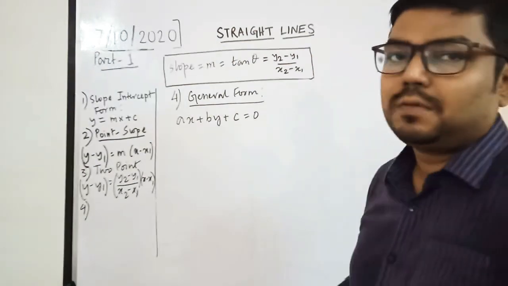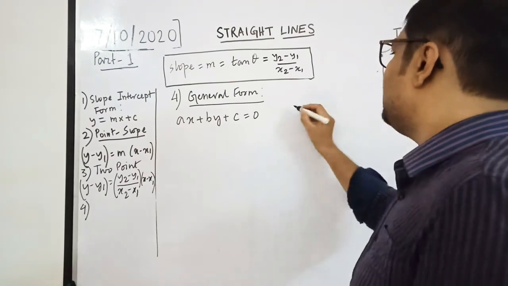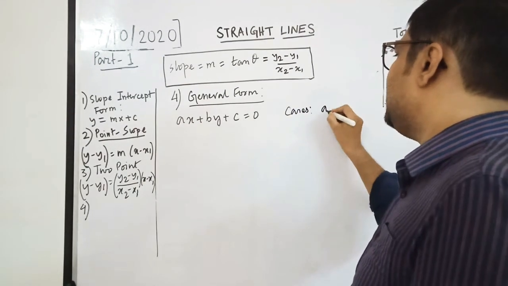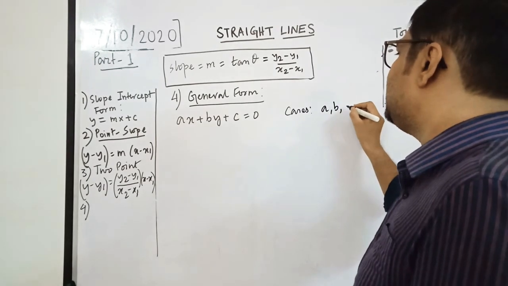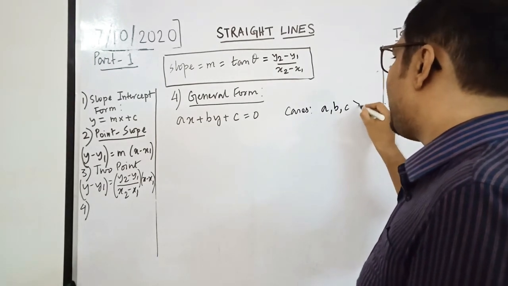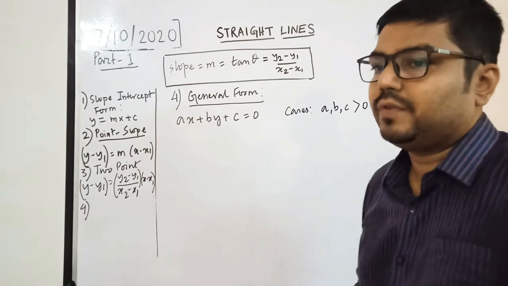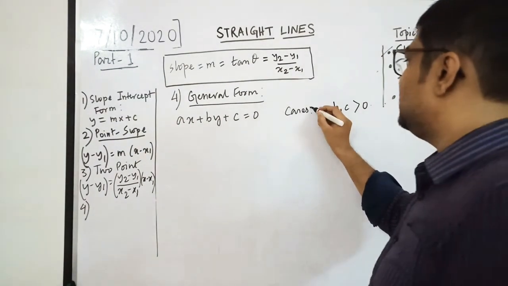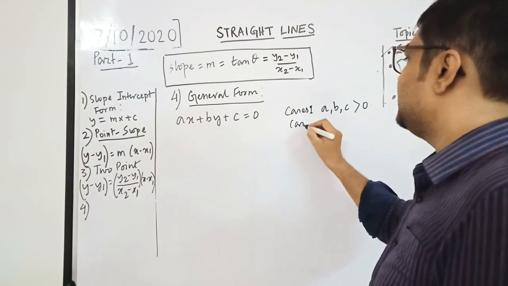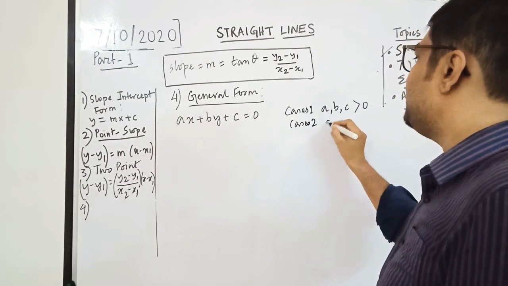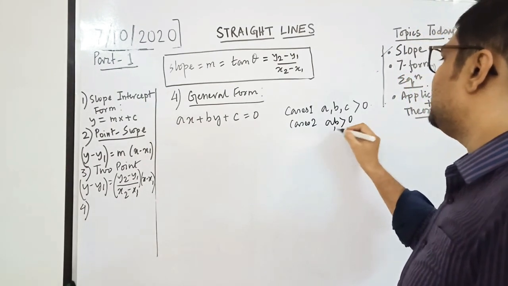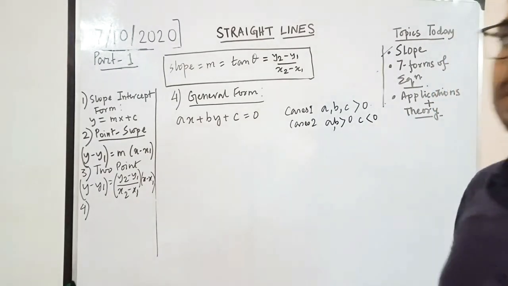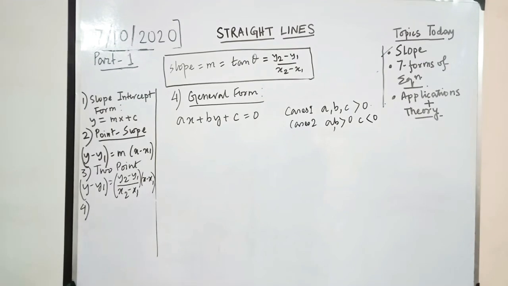If ax plus by plus c equals to 0, we can have multiple cases. Say a, b, c all are positive. Then what will happen? How to draw this? So this is case 1. Then case 2 may be a, b positive, c is negative.